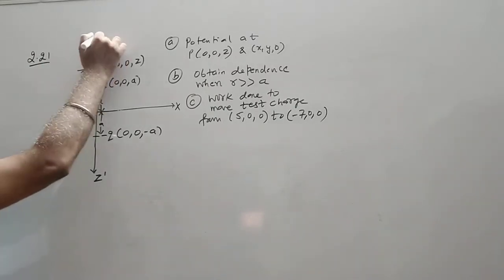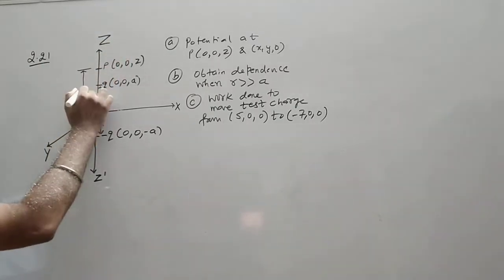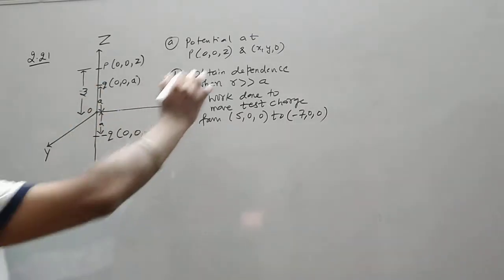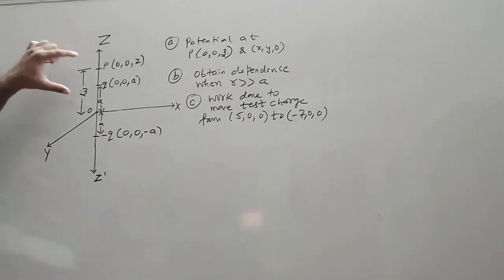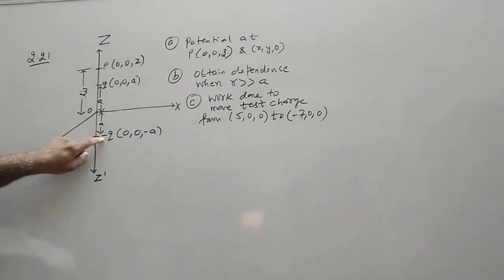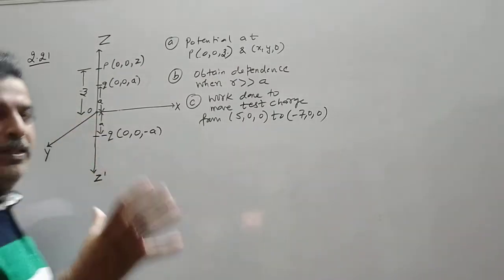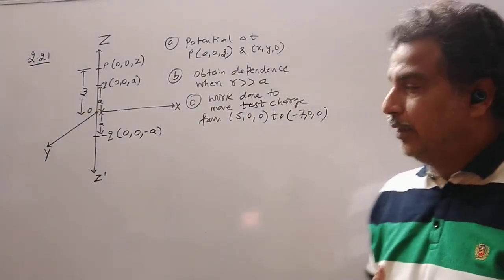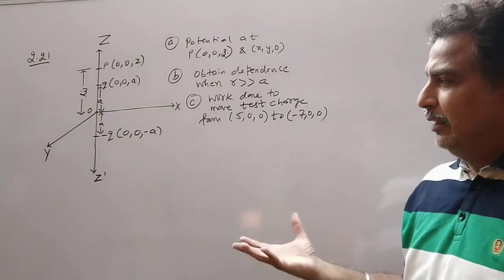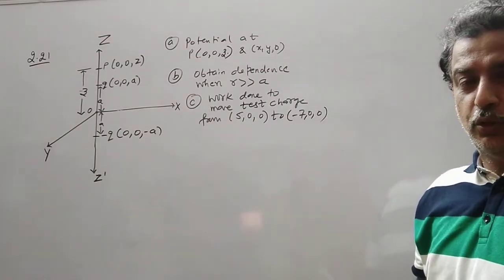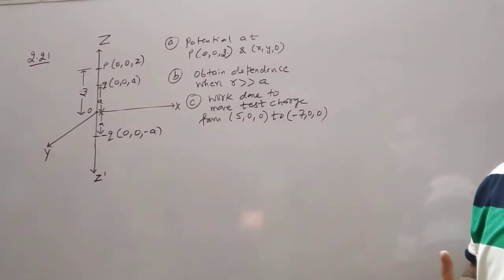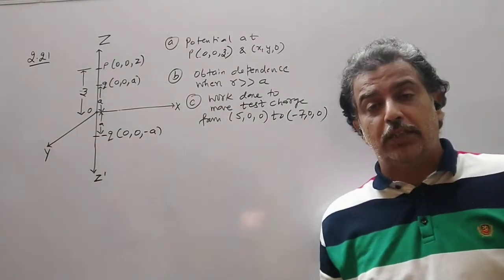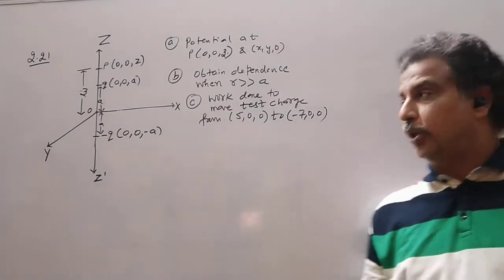Now let us denote the axis name as capital Z. So this distance is say small z. So we have considered this distance as positive. You may consider point P near minus q charge also. Then also that distance will be considered as z only. And we are dealing with a scalar quantity, so we are not taking the plus and minus sign into consideration. Otherwise, if you have to find out the electric field, the direction will play an important role.